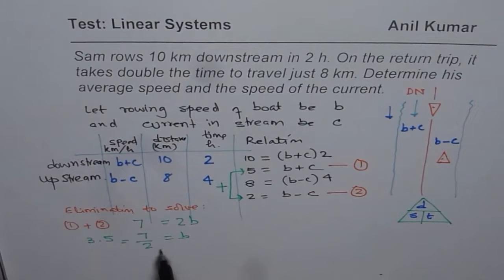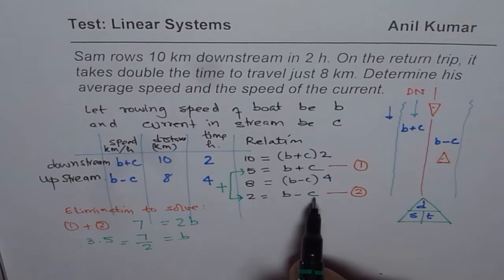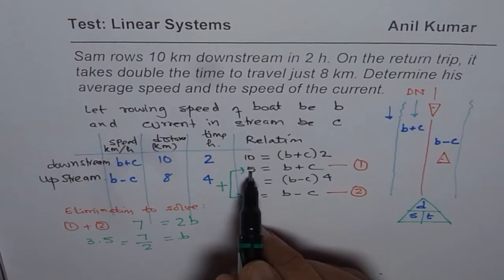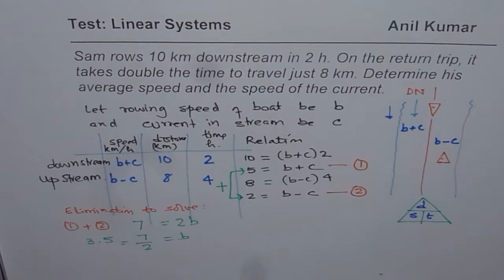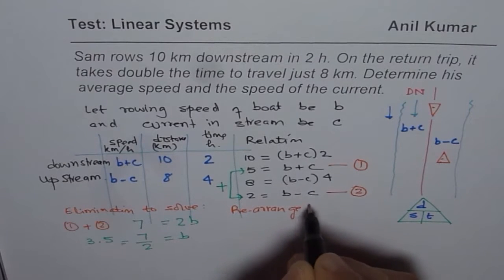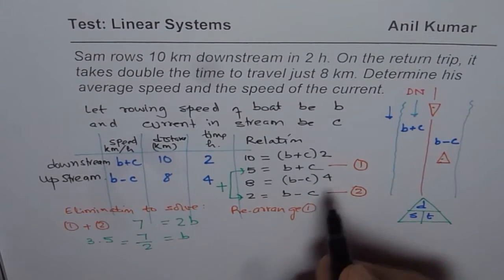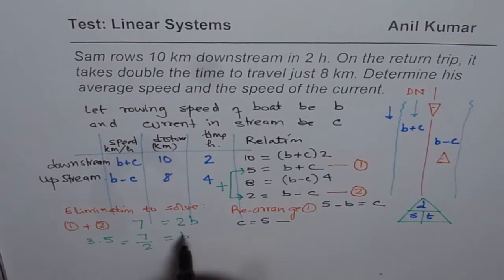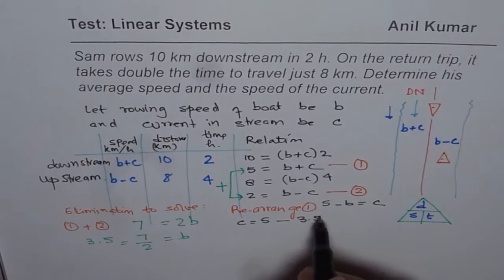Now, how do we find C? We know the boat speed is 3.5 kilometers per hour. For finding C, we can use any one of these equations. Let's rearrange equation 1: C equals 5 minus B, which is 5 minus 3.5.